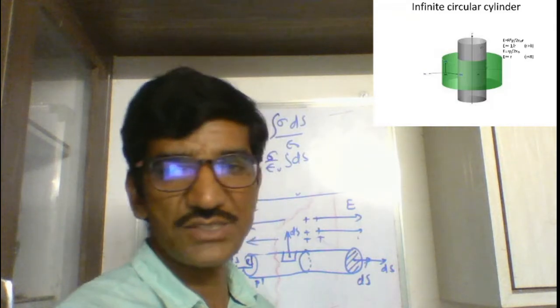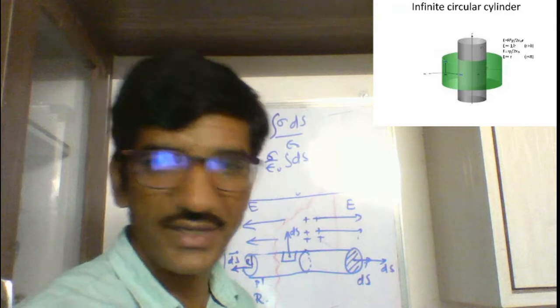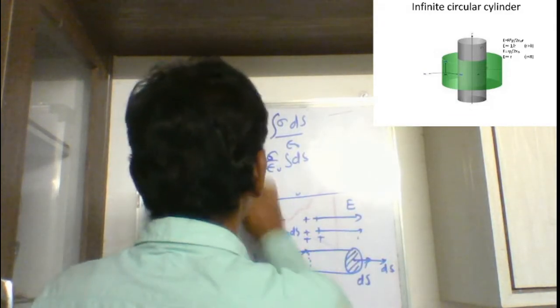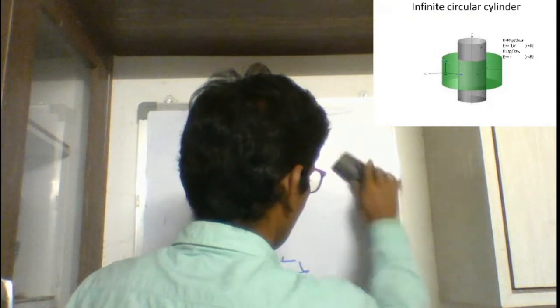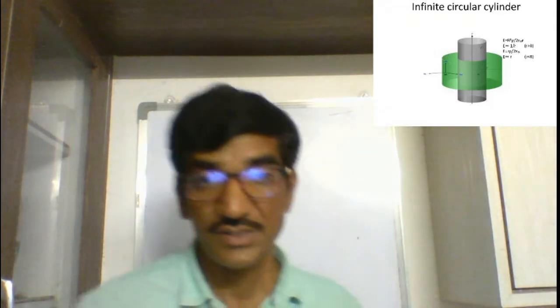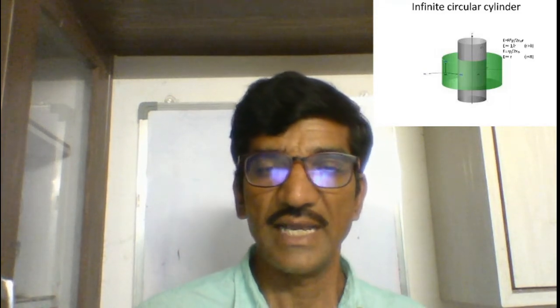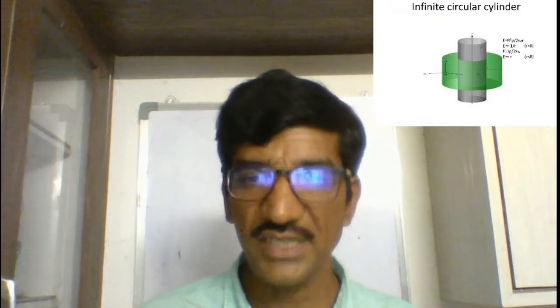Right. Now let us go for the second example of today, the second application of today. In the previous problem, wherever you go, the field intensity is not changing. In the case of an infinite sheet of charge, the electric field around the infinite sheet is uniform.